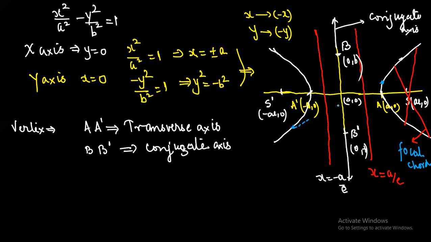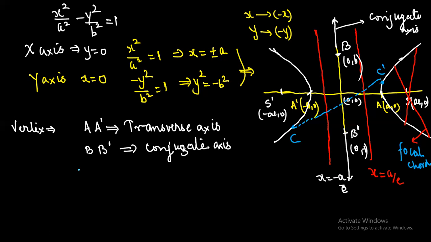Don't think that the chord will lie only on the right portion or only on the left portion; it can have one point to the left of the y-axis and one to the right, on the positive or negative x-axis. This is a chord.